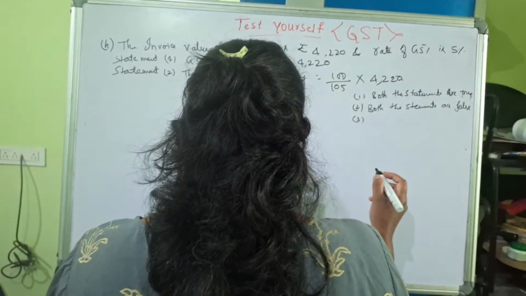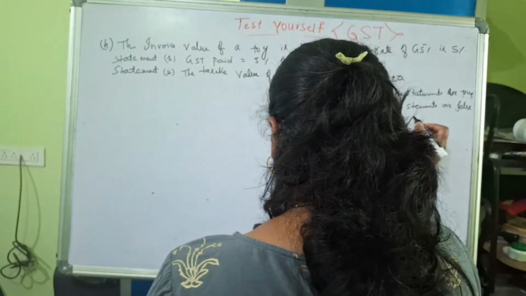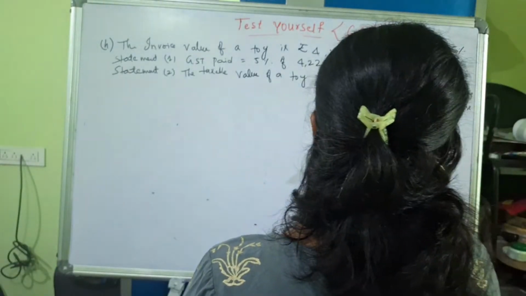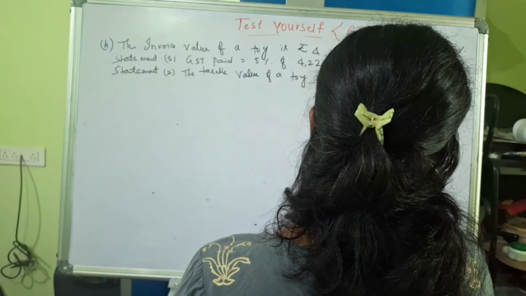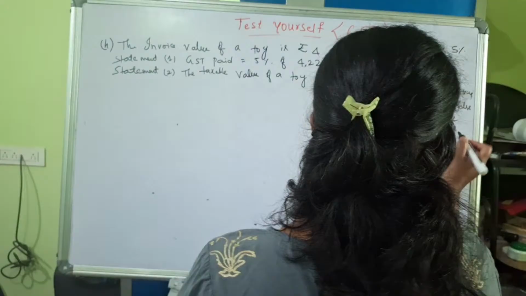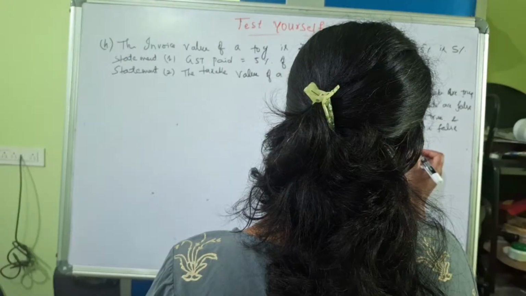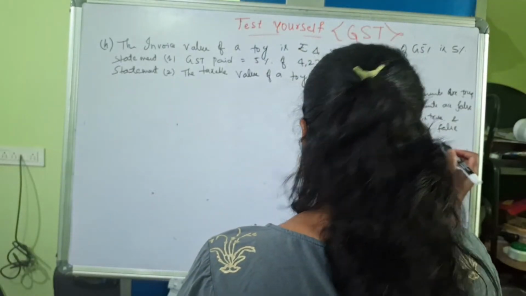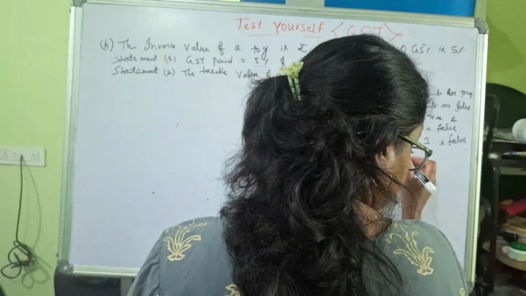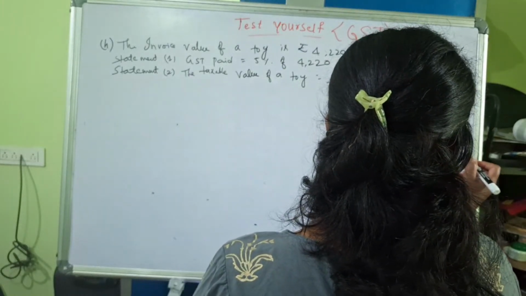The third option is, statement 1 is true and statement 2 is false. And the last option is, statement 1 is false and statement 2 is true.